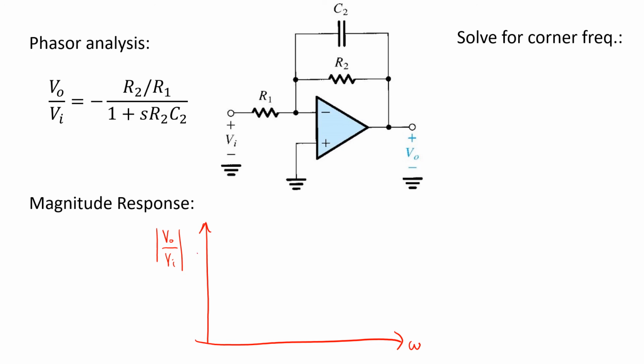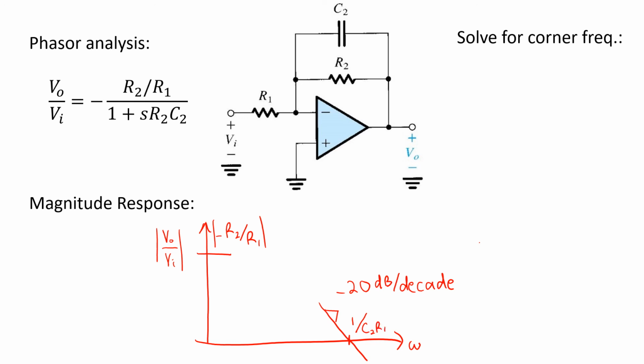Now we said that at DC, we're expecting a magnitude response of negative R2 over R1, but that at high frequency, we expect it to behave just like an integrator, where the magnitude response rolls off with a slope of 20 dB per decade and reaches a unity gain frequency at 1 over C2R1.